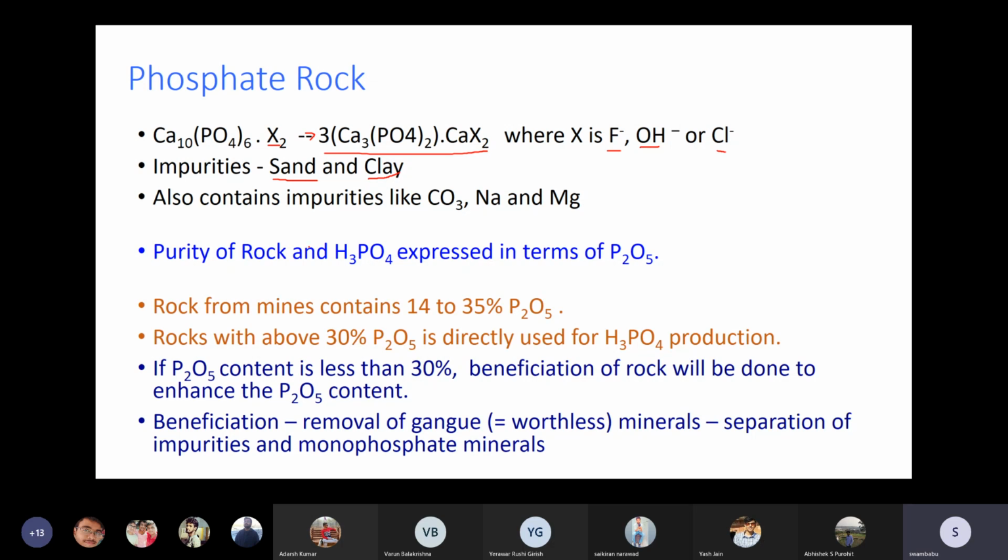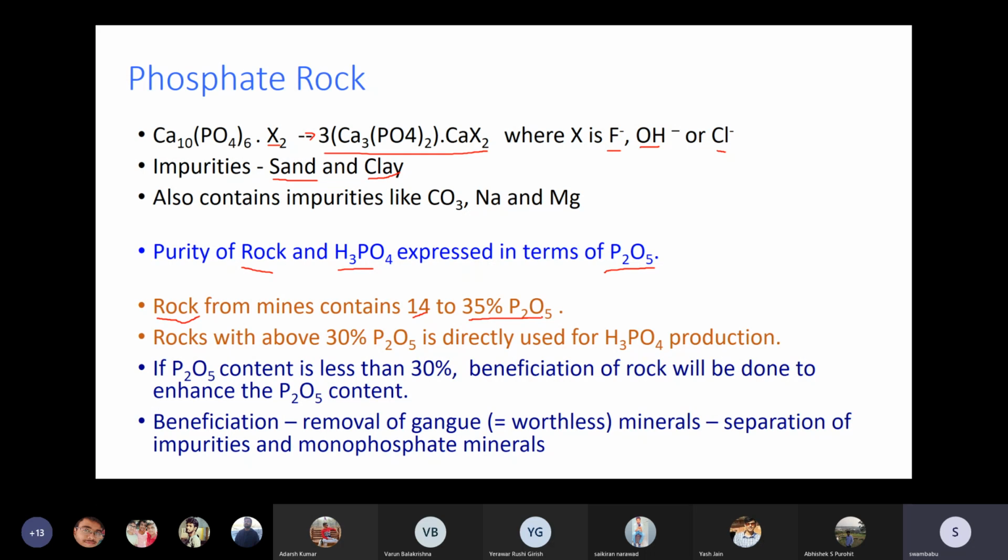The purity of the rock, and of phosphoric acid, is usually expressed in terms of P2O5. The purity of the phosphate rock from mines can vary from 14 to 35% of P2O5.